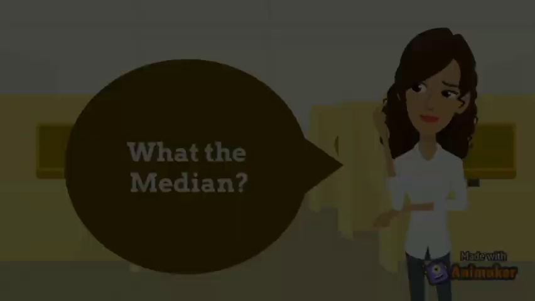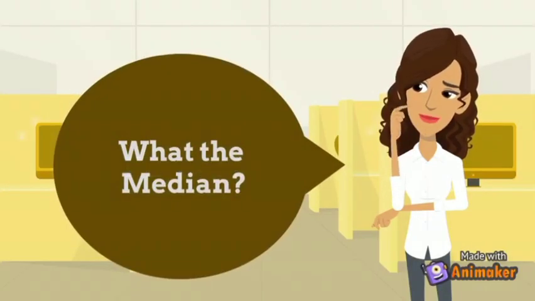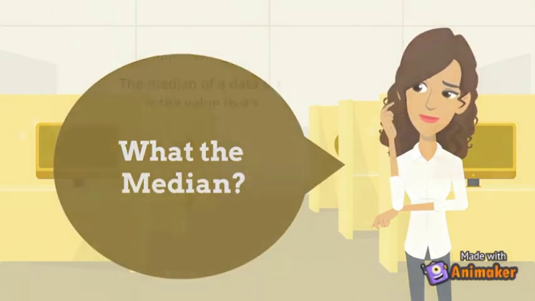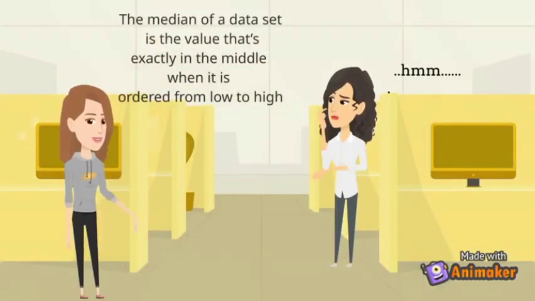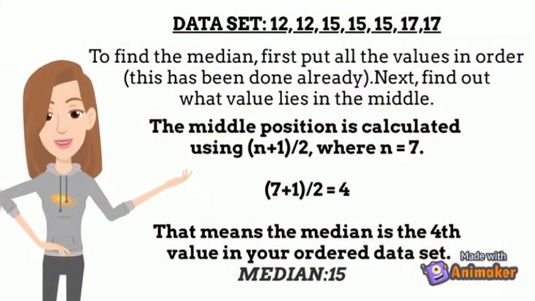What is the median? The median of a dataset is the value that's exactly in the middle when it is ordered from low to high. Dataset: 12, 12, 15, 15, 15, 17, 17. To find the median, first put all the values in order. This has been done already.